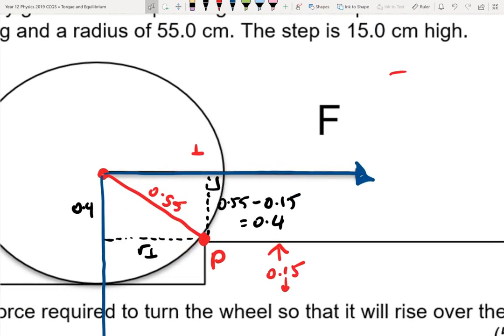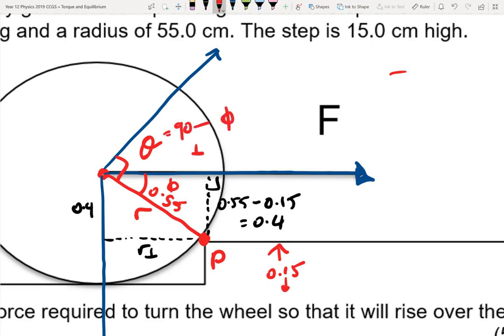Essentially, I want to rotate this force around to some point where R_perp is maximized. Well, that's going to occur when R_perp is the radius. And so this would then require a little bit of trigonometry, where we'd have to find that theta and then probably go, oh, that's phi. Theta equals 90 minus phi, okay?